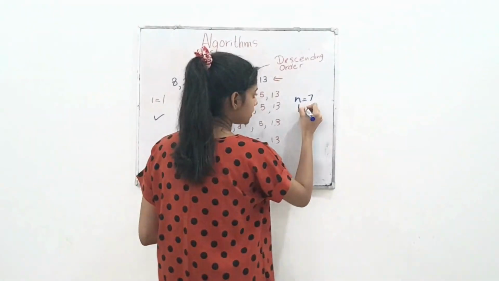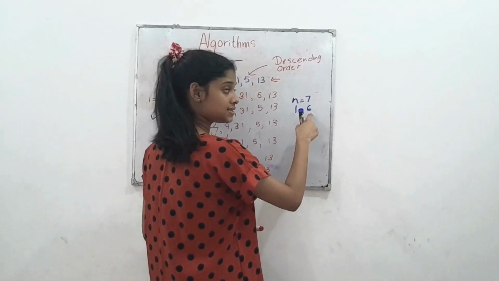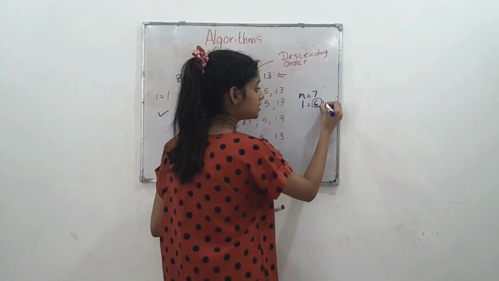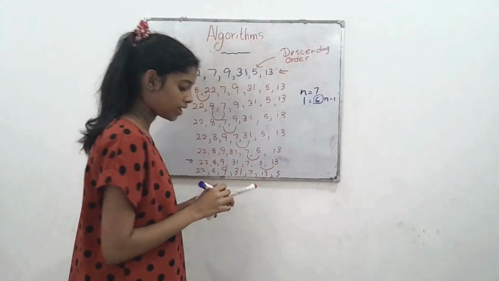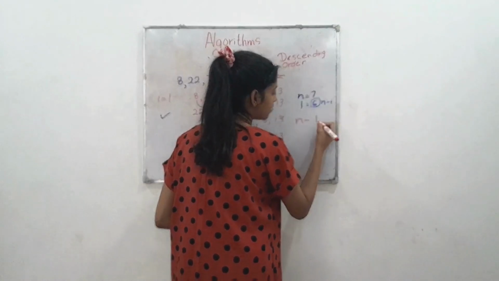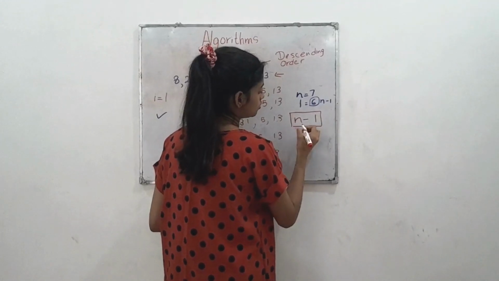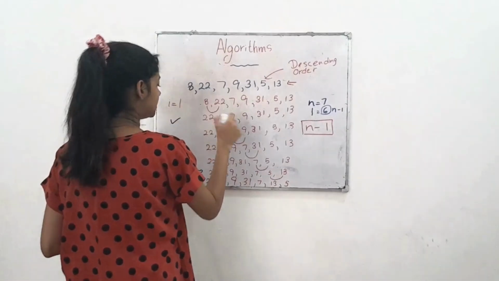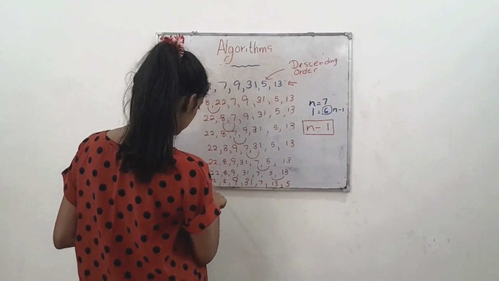So the loop count is 6, which is n minus 1. So every time your loop should be n minus 1. Now you understand what I am saying.